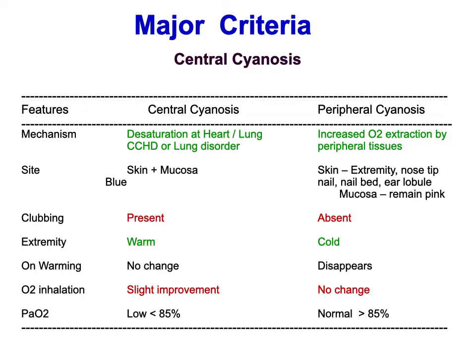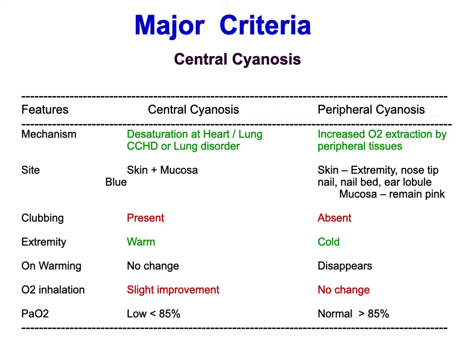Whereas in peripheral cyanosis, the central oxygenation apparatus is normal. So blood leaving the heart, that is the left ventricle, ejecting into the aorta, has a normal SaO2, or partial saturation of oxygen. But here there is a disbalance between demand and supply, and there is increased oxygen extraction as compared to the supply in the peripheral tissues, leading to cyanosis.